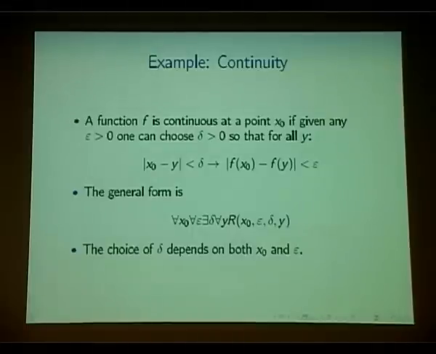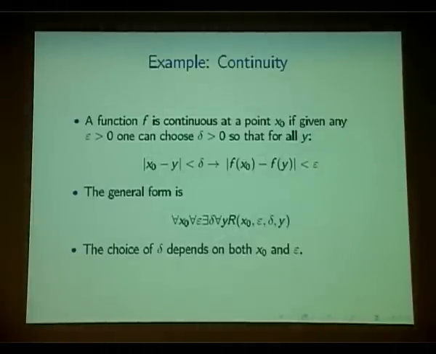A function is continuous at x0 if, given any epsilon strictly greater than 0, one can choose delta strictly greater than 0, so that for all y, if the distance between x0 and y is smaller than delta, then the distance of the images is smaller than epsilon. So the choice of delta depends on both x0 and epsilon.